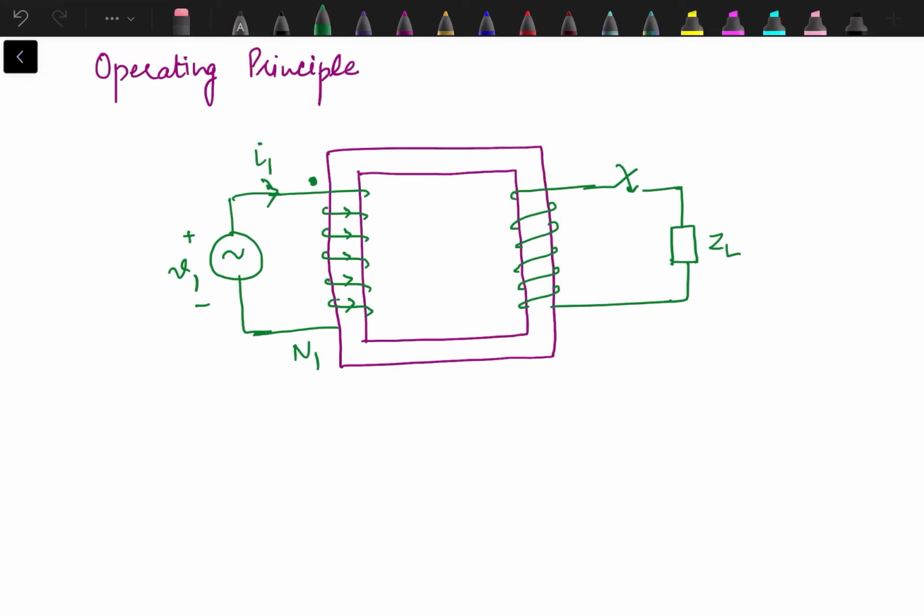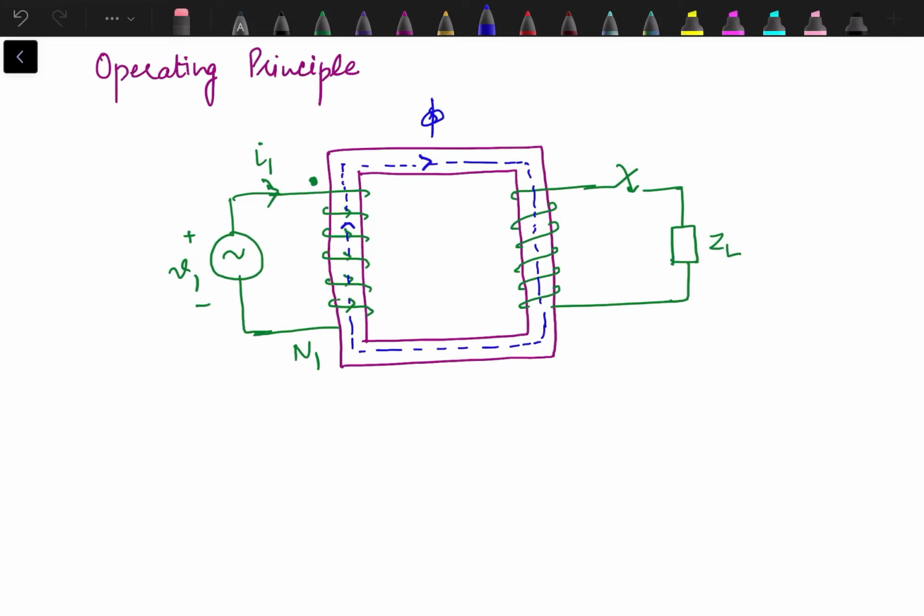So that MMF leads to flux which will remain confined to the core, since core has very low reluctance. The direction of flux is upward direction.